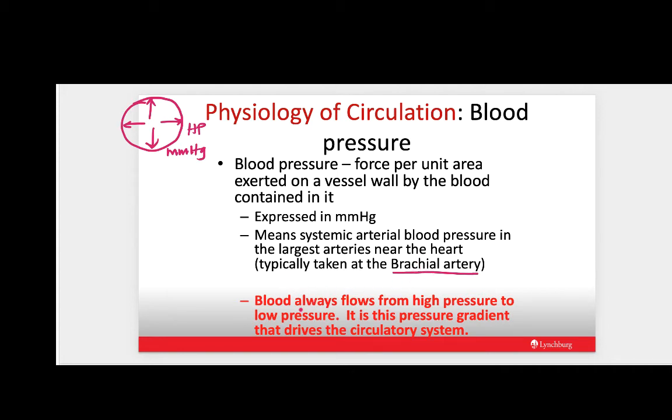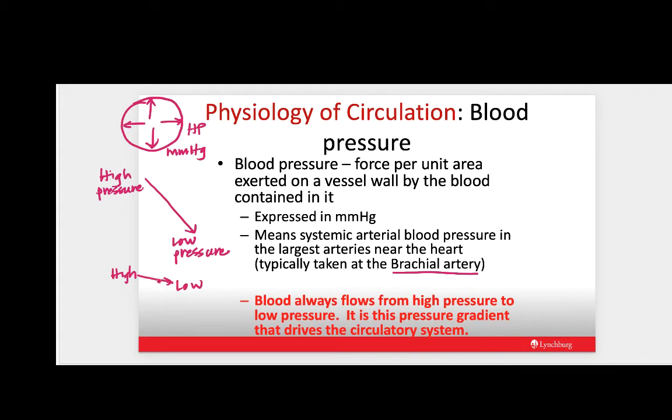One of the things to keep in mind is that blood always flows from high pressure to low pressure. So it's going to flow down this pressure gradient. If we have high pressure, blood's always going to flow down that gradient to low pressure. This, for example, would be a larger gradient than something where we didn't have quite as much of a downhill.